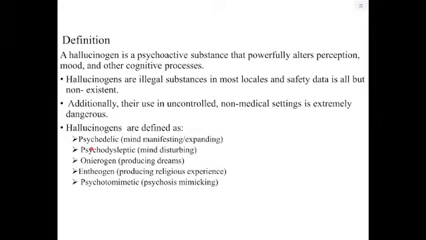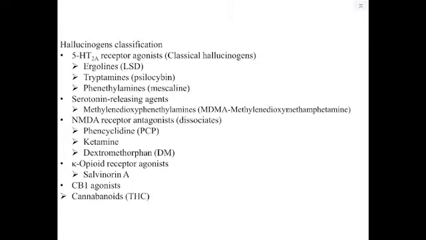They are also oneirogens, or dream producing, and entheogens, producing religious experiences. So they are also used for religious experiences, and they are also psychomimetic, or psychosis mimicking. And of course, psychosis is a mental condition, and therefore we are saying that these drugs, which can be given those five different names, really do not have any major benefit.